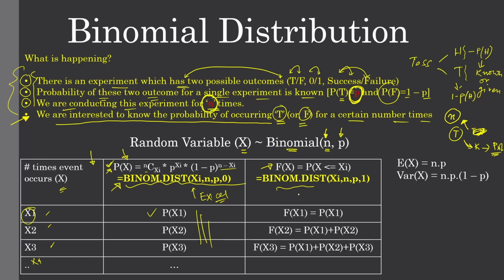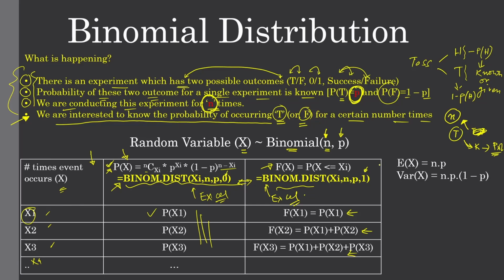It is simply, you can use this Excel formula or just the fundamental relationship. That means first use px1, then px1 plus px2, then px1 plus px2 plus px3, and so on. So what is the difference between these two formulas in Excel? The first one uses 0 as the last argument, and the second one uses 1 as the last argument.